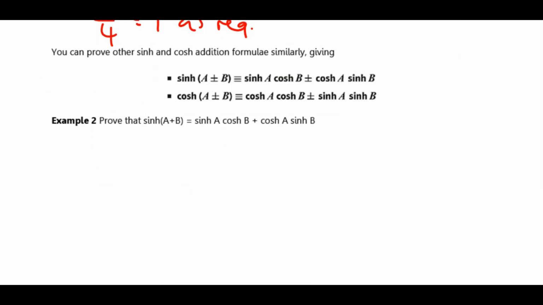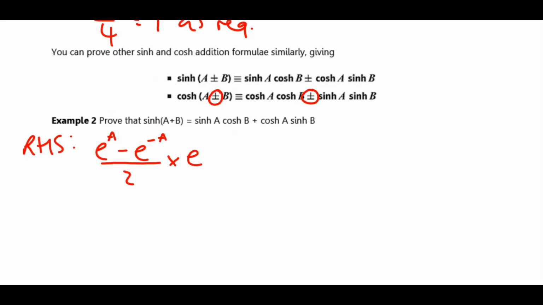This similarly works for the addition formulae as well. Again, notice the different signs on this one, because the plus or minus is the same way around. So proving the top one, if we start off with the right-hand side this time, we're going to put in our definition for sinh A, which is e to the A minus e to the minus A over 2.